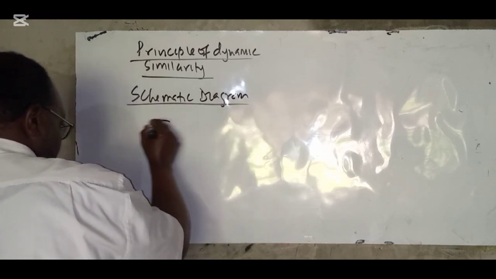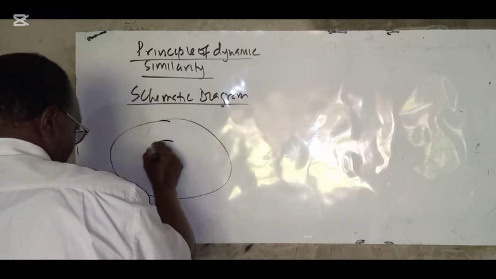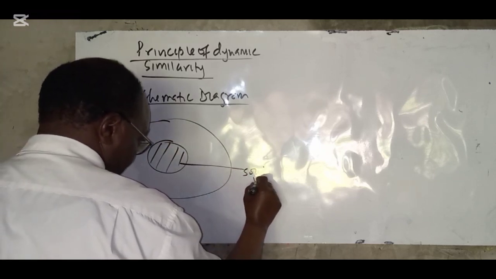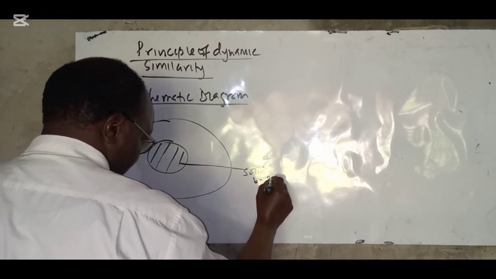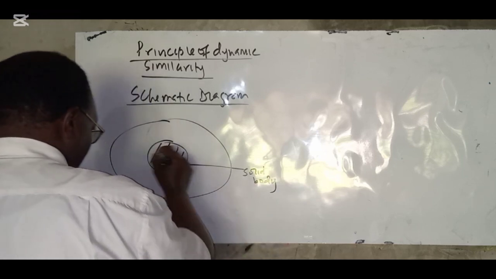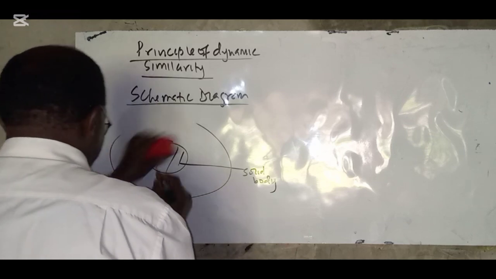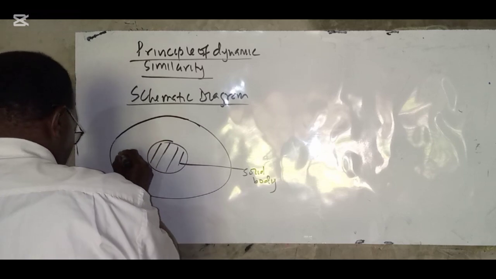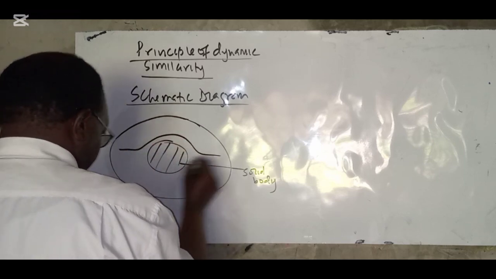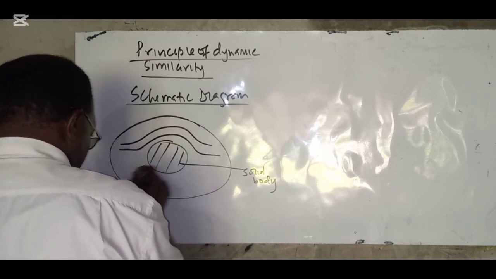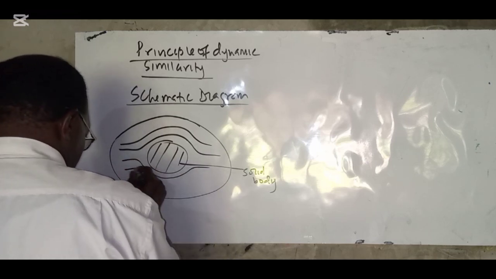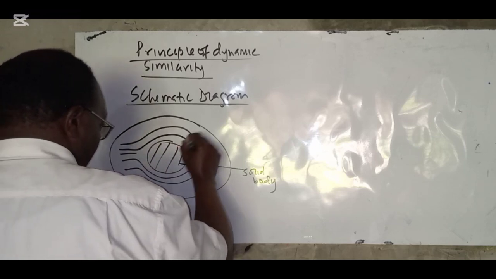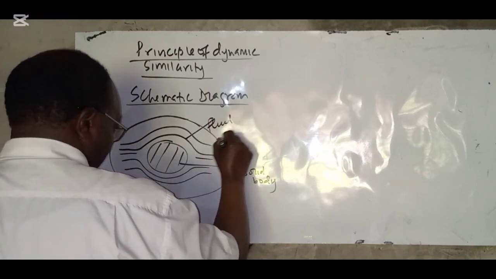So we have a solid body. We have fluid flowing around it. Let's call this the boundary.